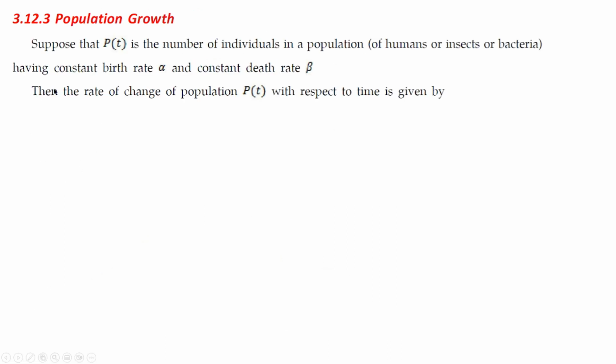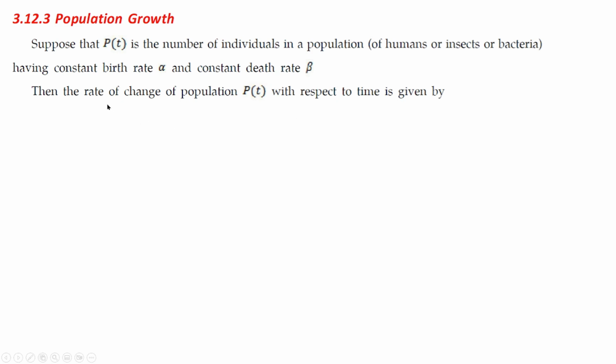The first model is the population growth model. Suppose that P(t) is the number of individuals in a population. It can be of humans or insects or bacteria, having a constant birth rate alpha and a constant death rate beta.